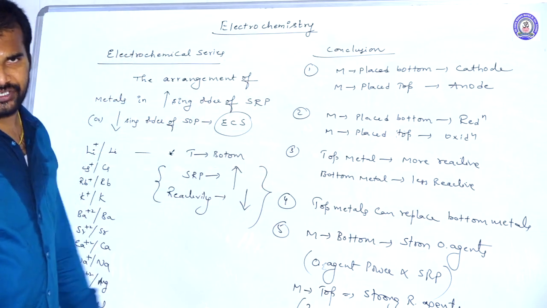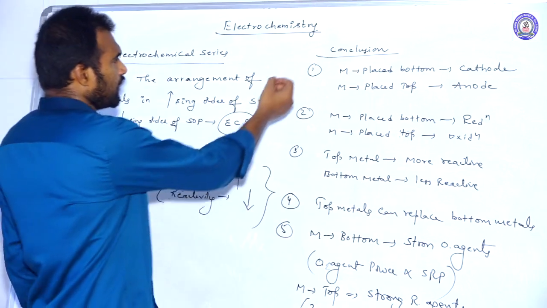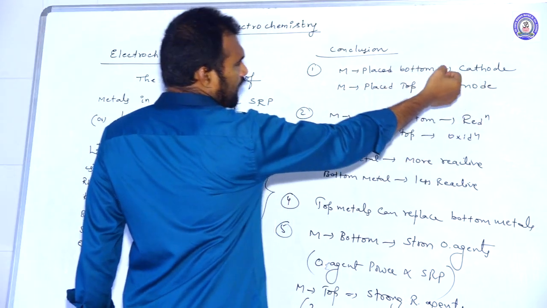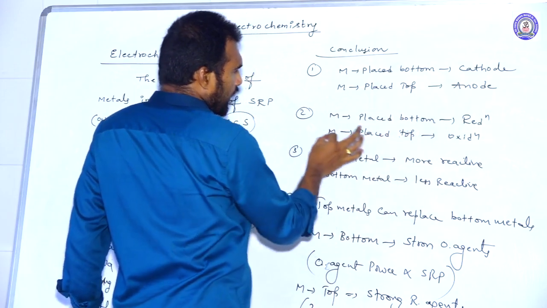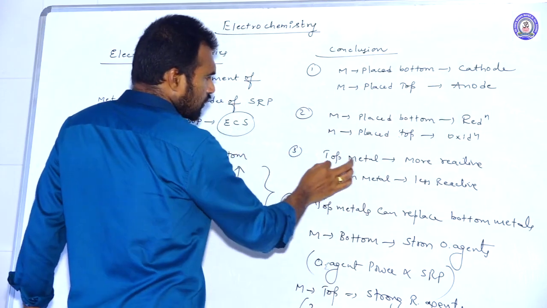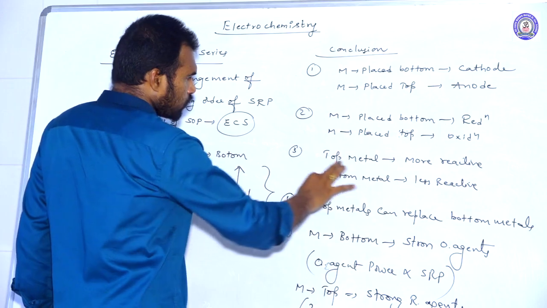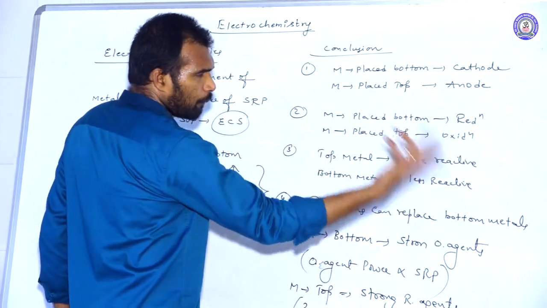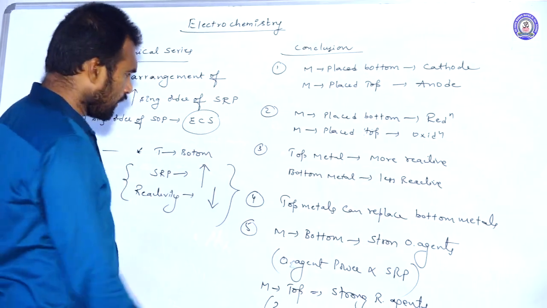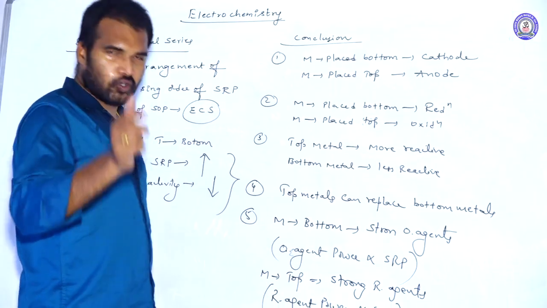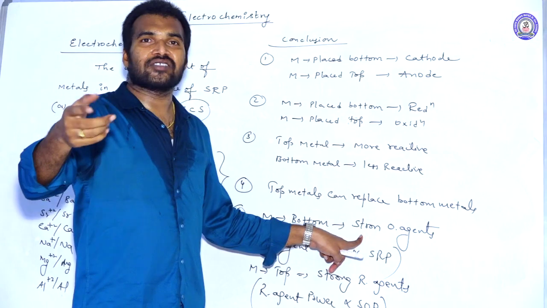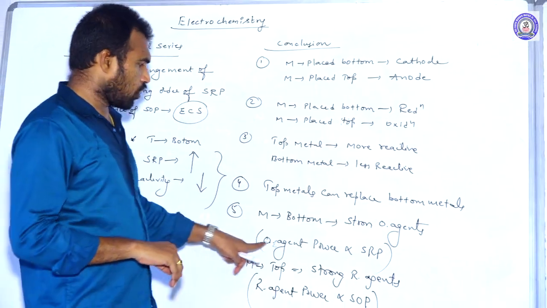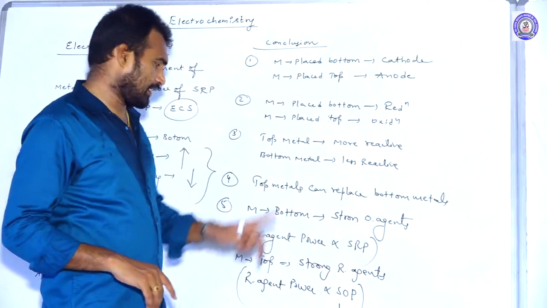Everything you can identify. Once again, the metal placed at the bottom acts as a cathode, top acts as anode. Bottom metal undergoes reduction, top metal undergoes oxidation. Top metal is always more reactive than bottom metal, so the top metal can displace the bottom metal. Bottom metal undergoing reduction acts as a strong oxidizing agent, so oxidizing power is directly proportional to SRP value.